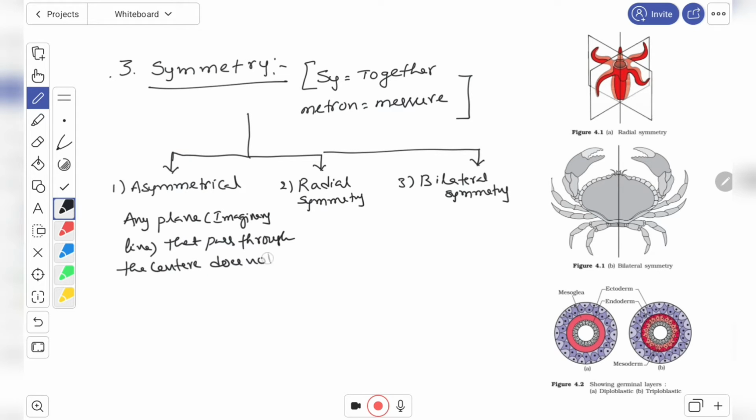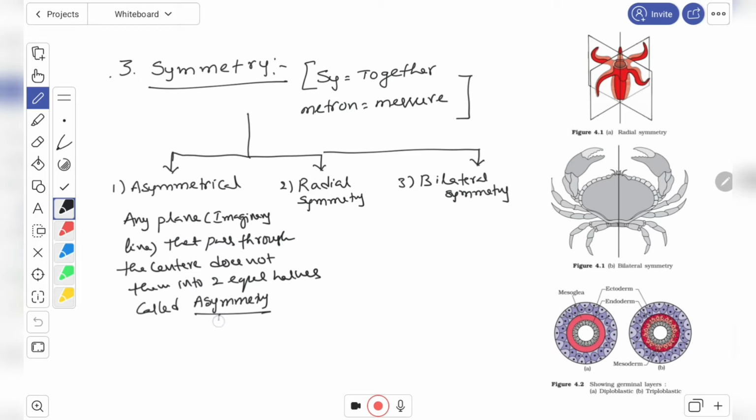Does not divide them into two equal halves, called asymmetry.